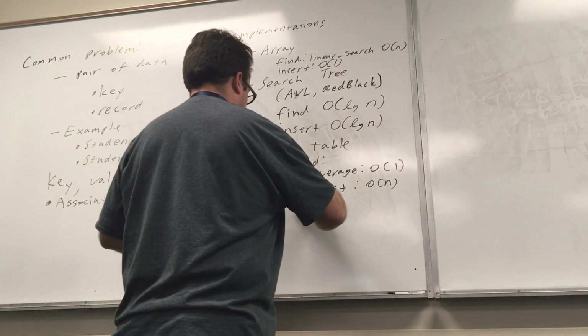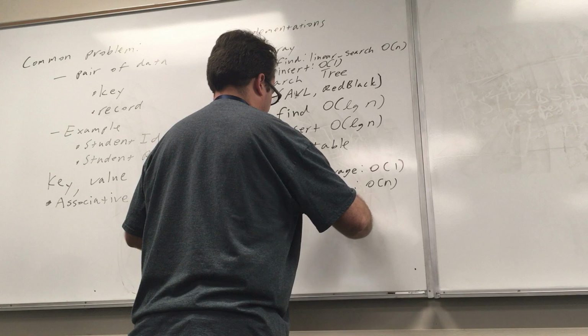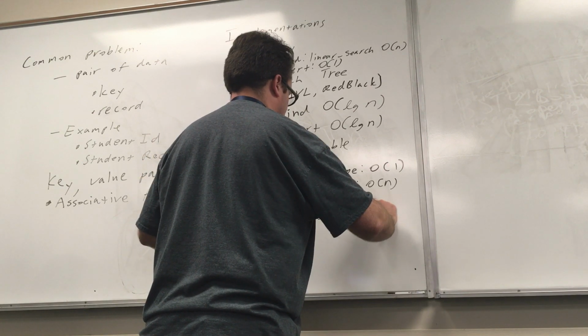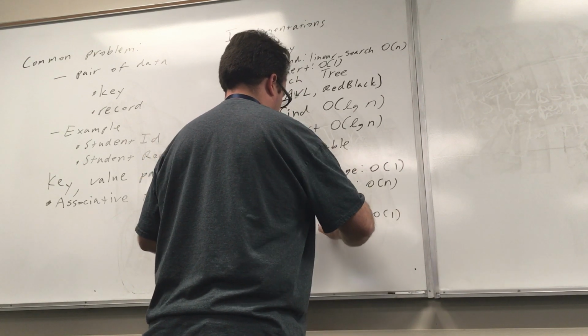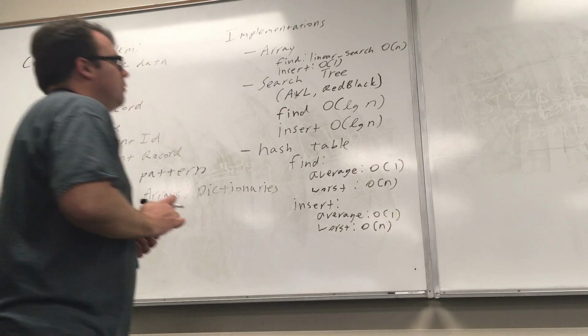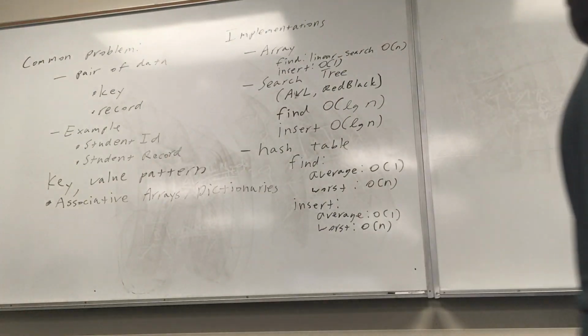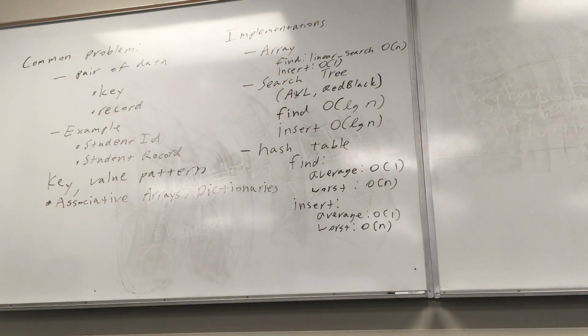And then insert, the average is also constant. And the worst is big O n. So it means it will never be worse than an array. It will almost always be better than an array.